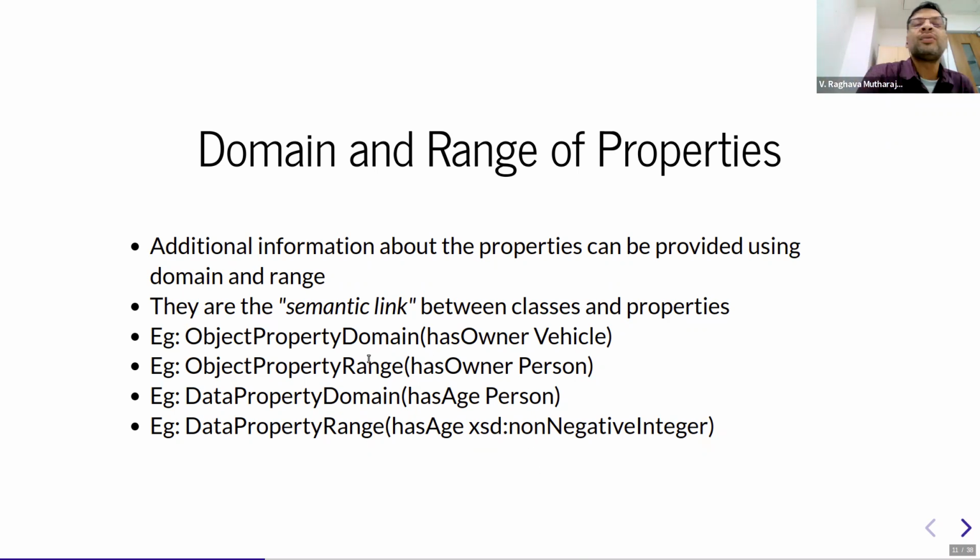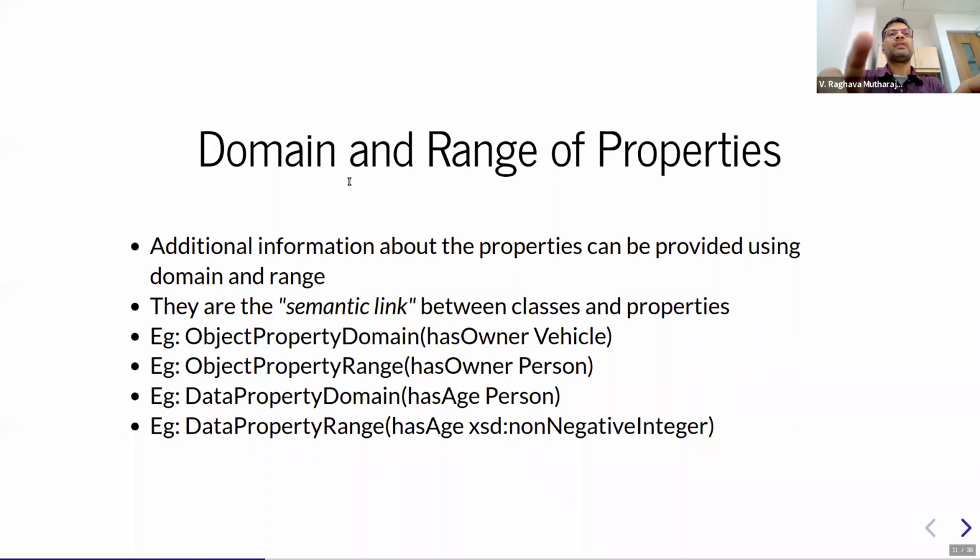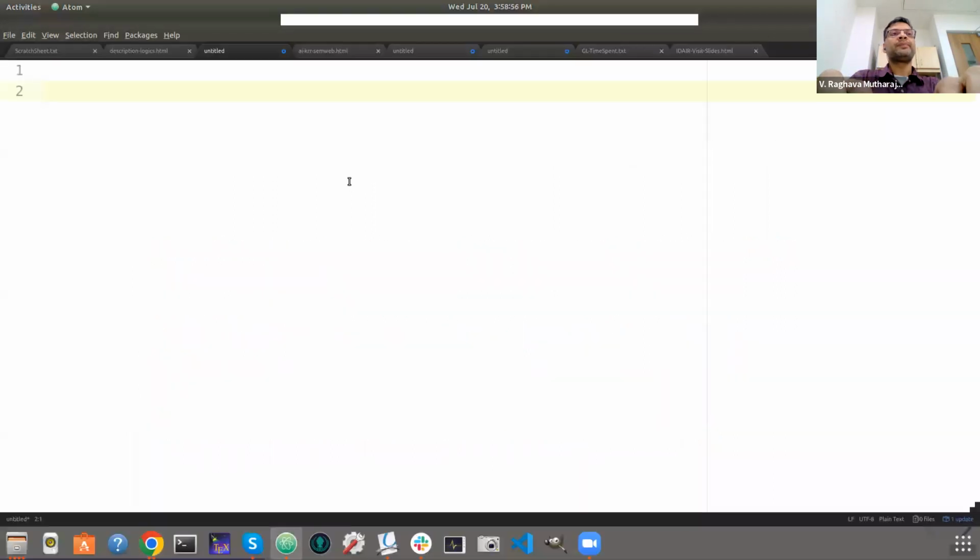So, let's say you have declared something like, okay, I can write it here. Object property works at, maybe.